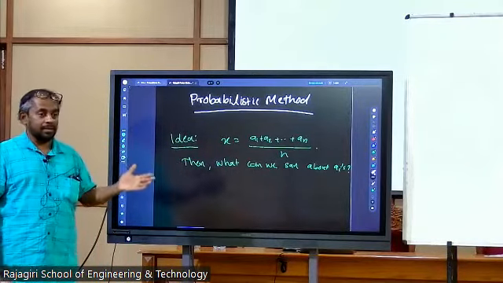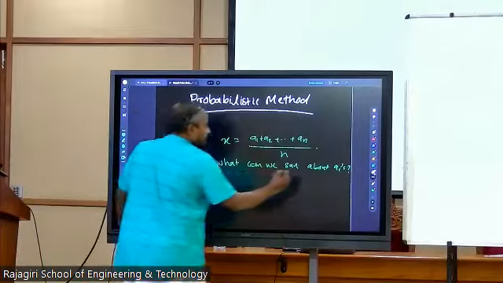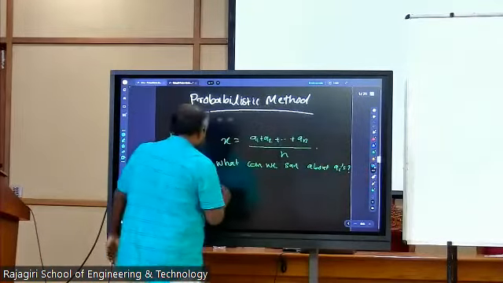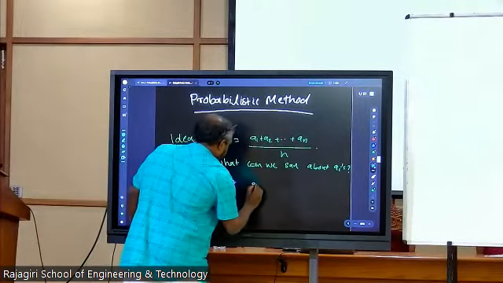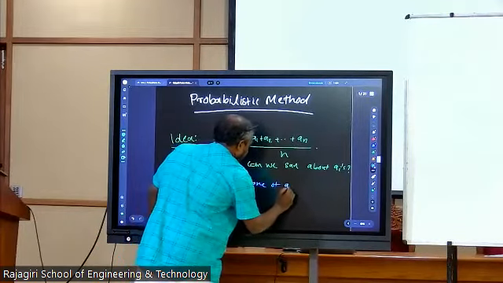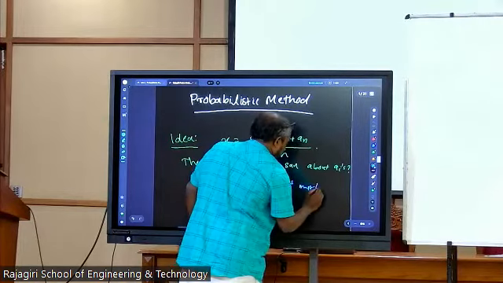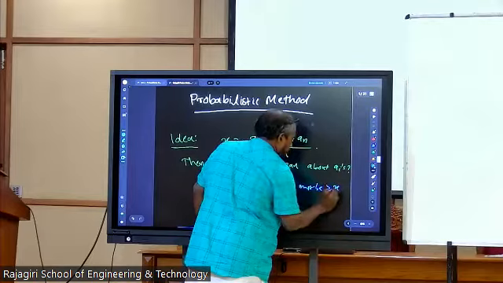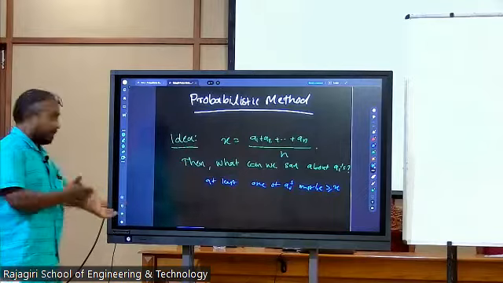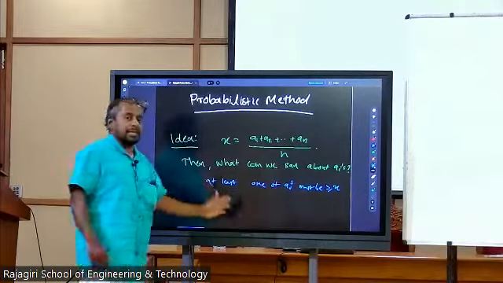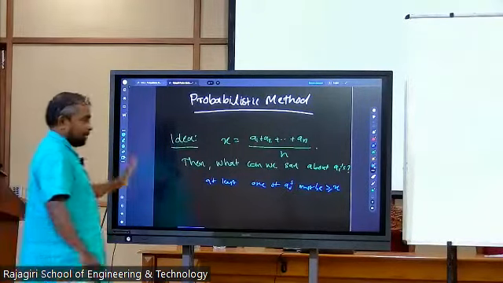Without knowing what the ai's are, we can say that at least one of the ai's must be greater than or equal to x. Similarly, one can say that at least one of the ai's must be less than or equal to x. But this is something that we can conclude without knowing anything about the ai's, right? We only know what the average is.